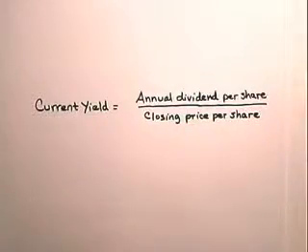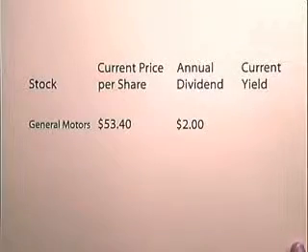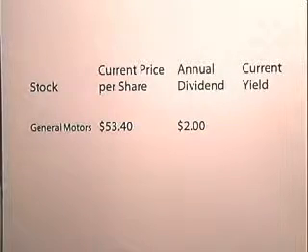Now let's define current yield and find the current yield for a stock. The current yield is defined to be the annual dividend per share divided by the closing price per share. So for the following stock, which is General Motors, the current price per share is $53.40. The annual dividend is $2.